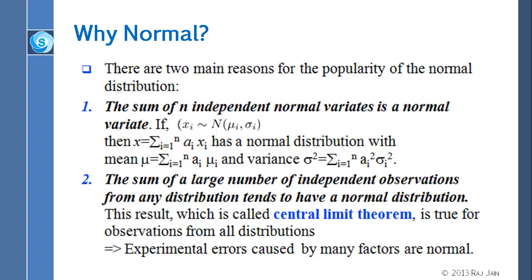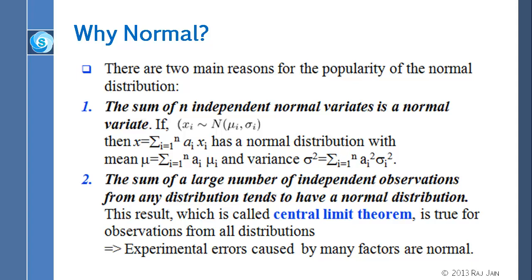But it's not just by itself, it's also that you take any distribution and the sum has a normal distribution. And this is called the central limit theorem. Central limit theorem says that when you have a lot of numbers from any distribution, the sum is normally distributed.